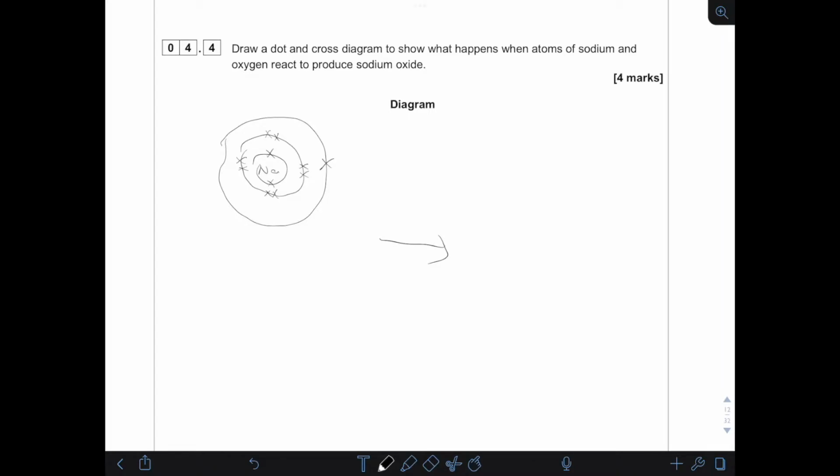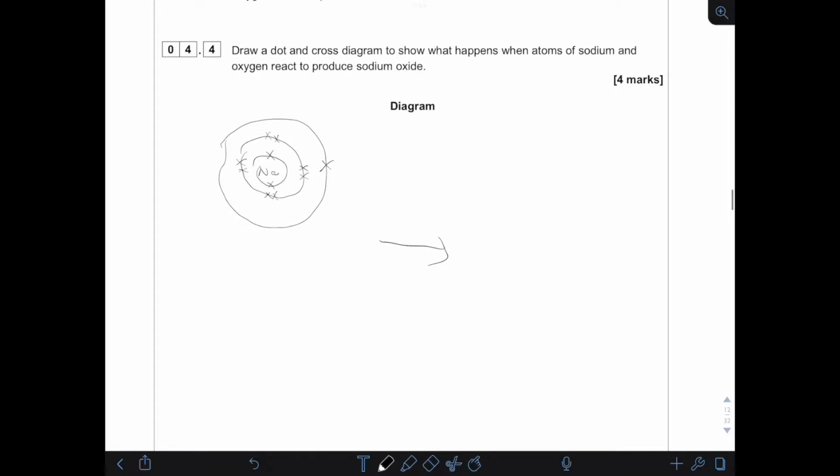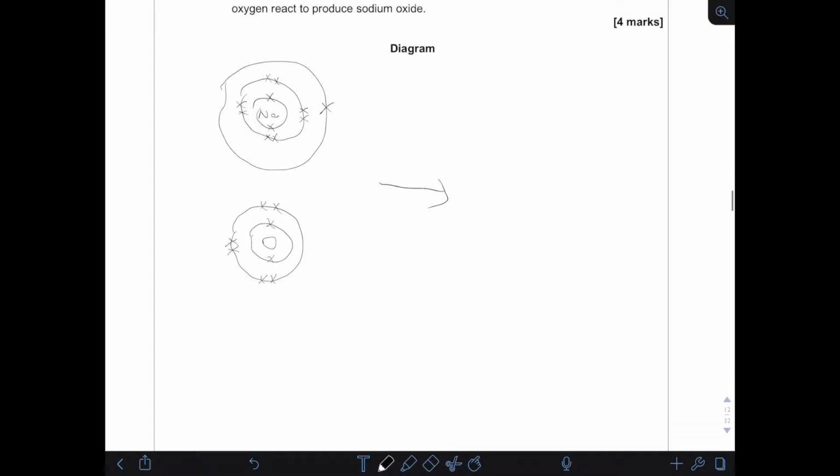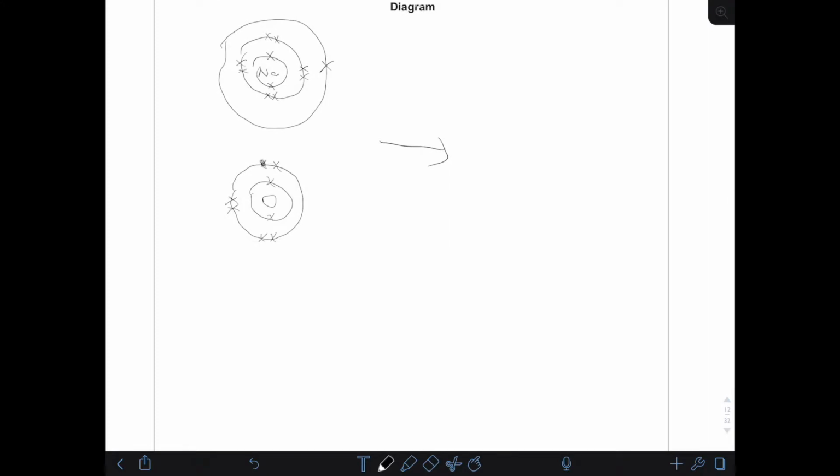And then we have oxygen, which is O, and we have 2 electrons, and then a shell of 6 electrons. Actually, I've made a mistake here already. Dot and cross, probably best to use different electron indicators rather than just cross all the way.